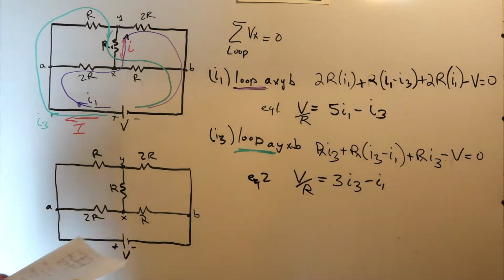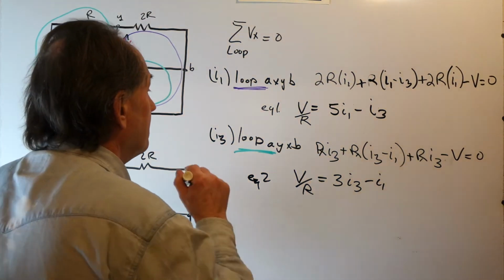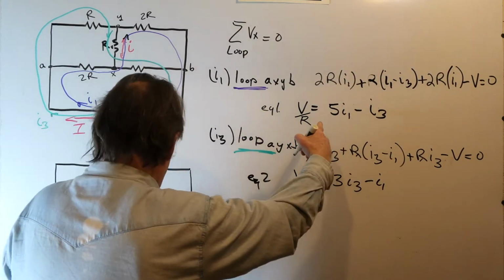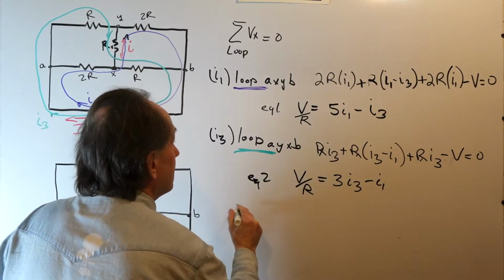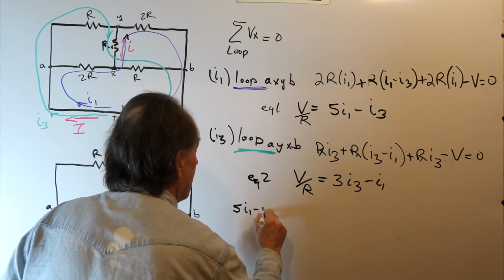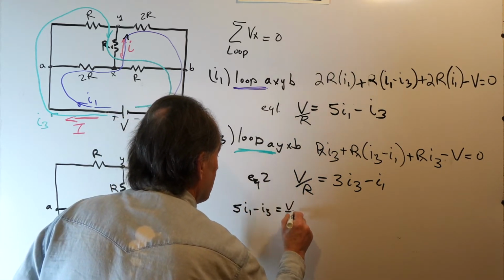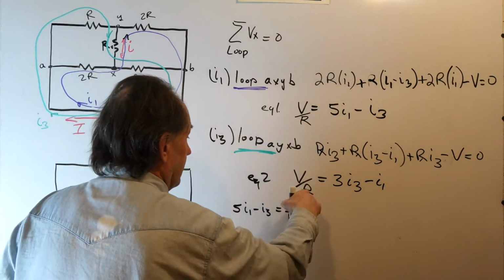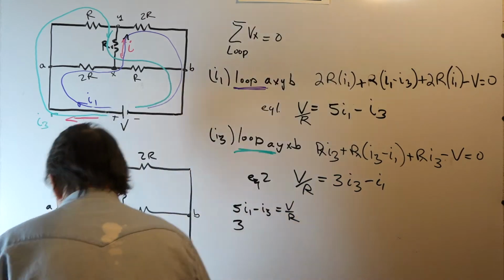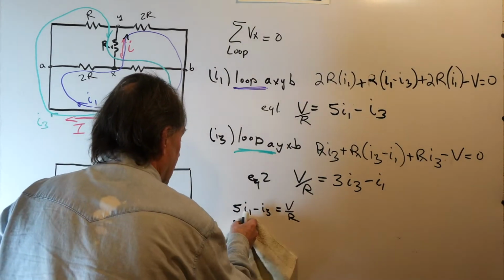Now, we're going to do some simple manipulations here. I'm going to write down equation 1 and 2 here. So we've got 5I1 minus I3 equals V over R. This is equation 1. Equation 3 is, we line up our variables.